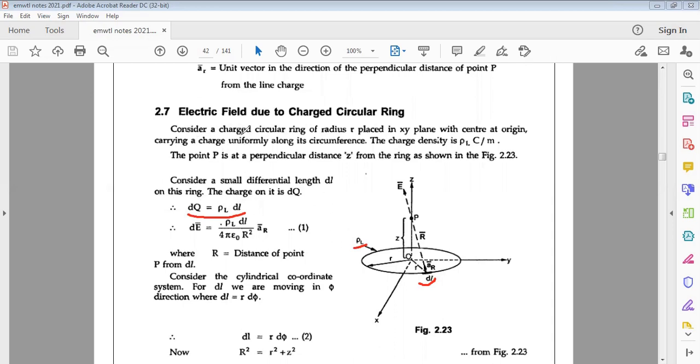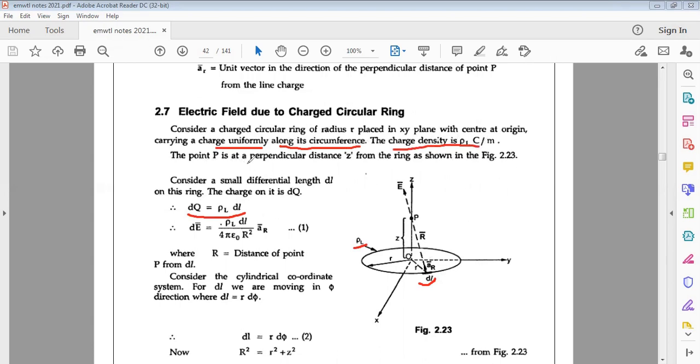Now see, consider a charged circular ring of radius r placed on the xy plane with center at origin, carrying a charge uniformly along its circumference. The charge density is rho.